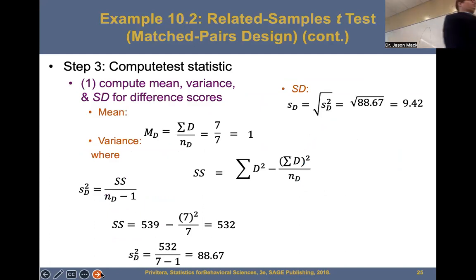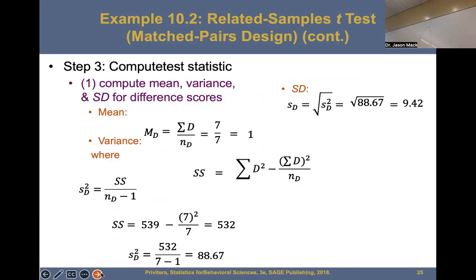So compute the mean, variance, and standard deviation for the difference scores. We do that formula. The sum of the differences, 7, divided by n, 7, is equal to 1.